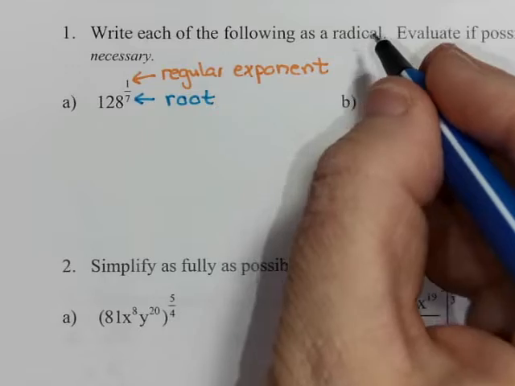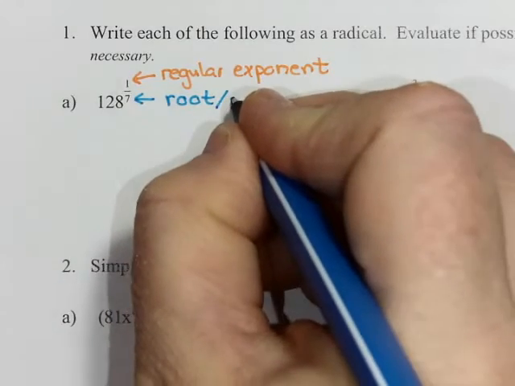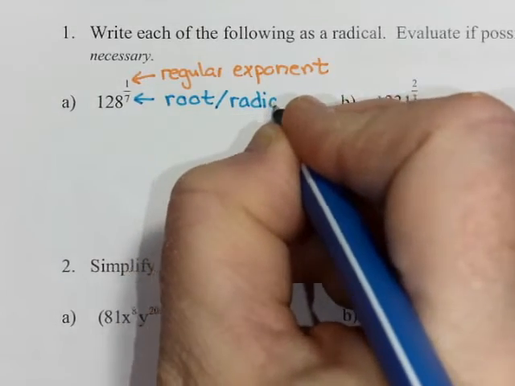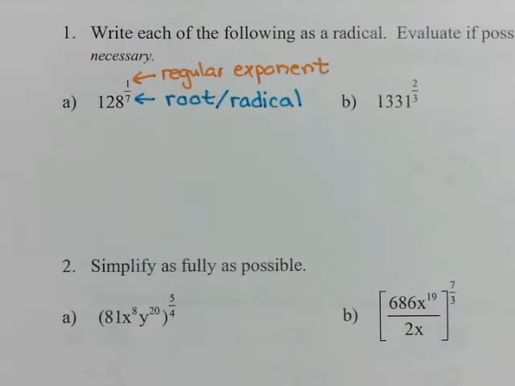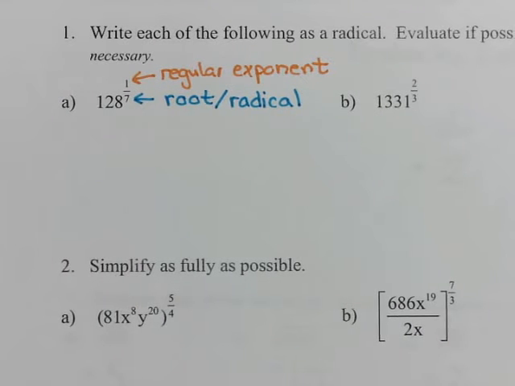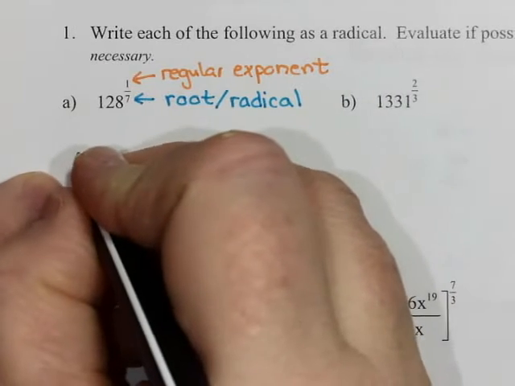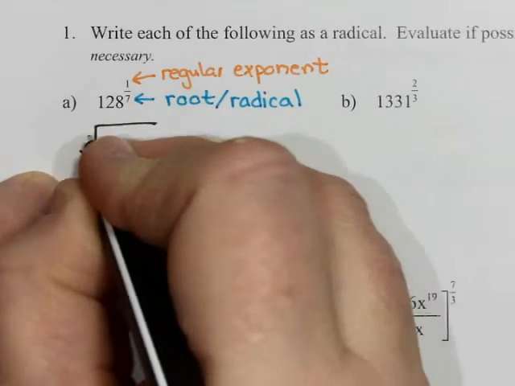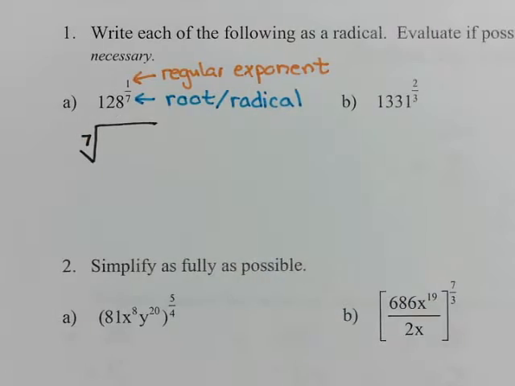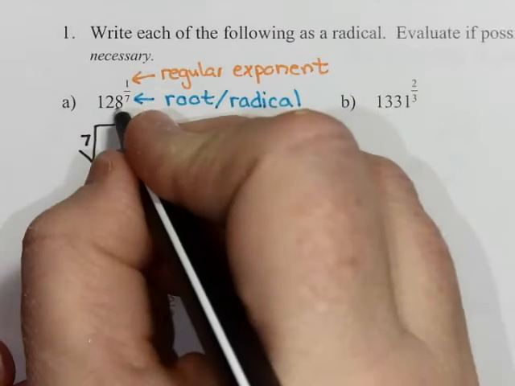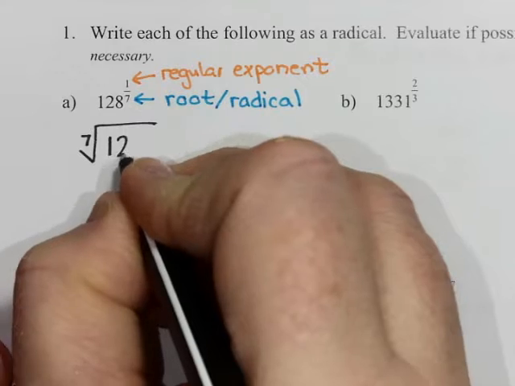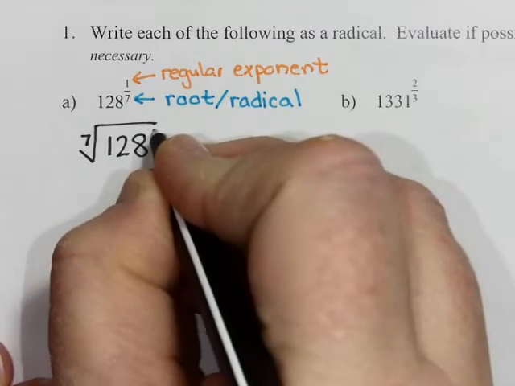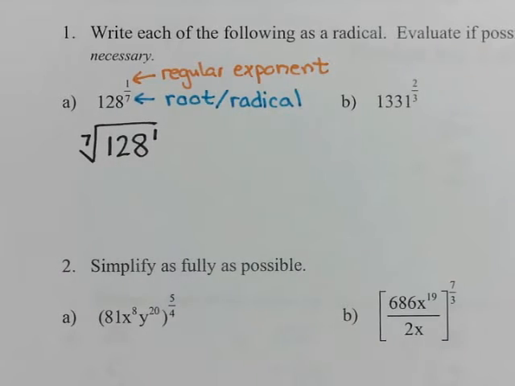A radical is just another word for a root. So 128 to the power of 1 over 7, that 7 is going to make a root. It's going to be the 7th root of 128 to the power of 1.